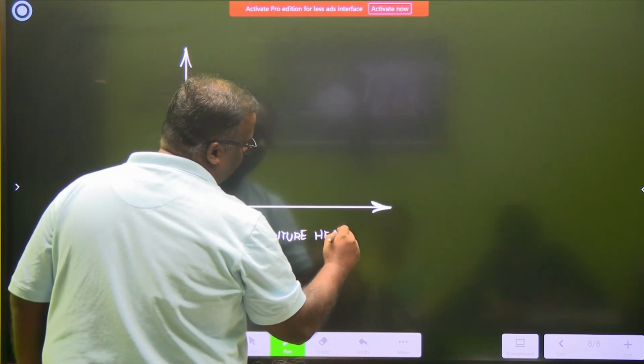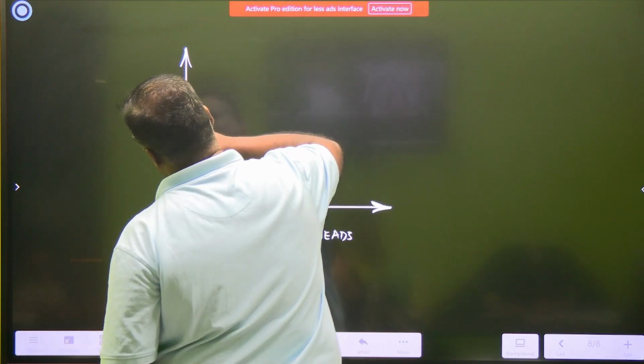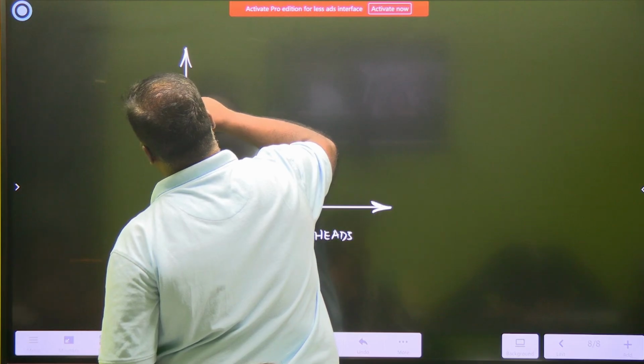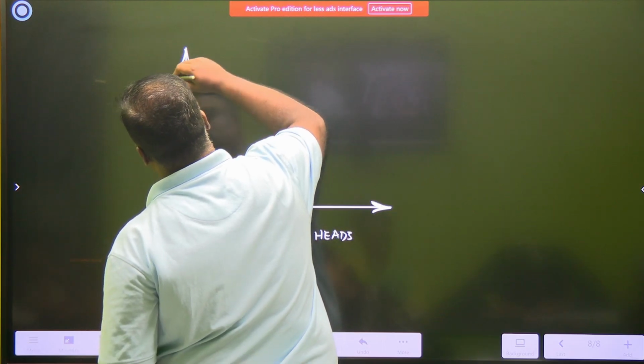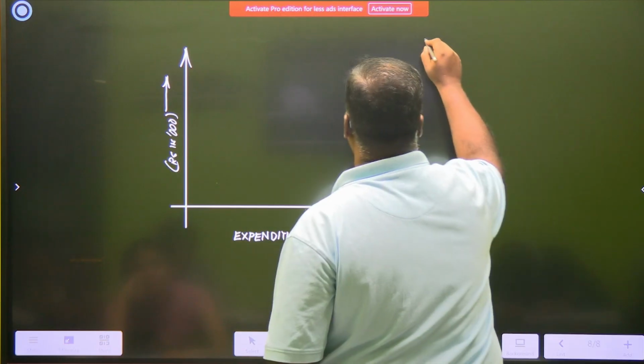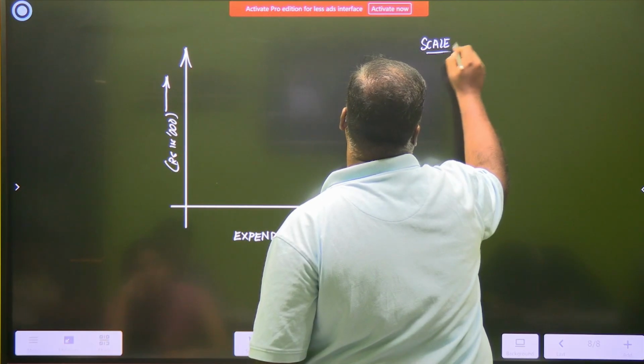Then this is say rupees in thousands, and here also you should have an arrow which shows in this manner. Then you should also say what is your scale of the graph. These should all be block letters.